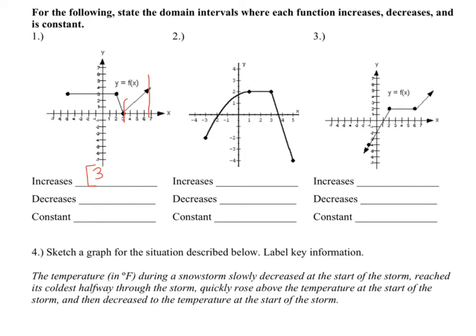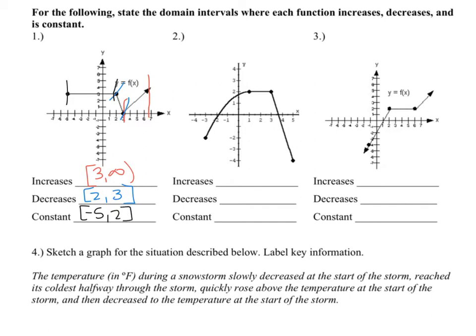That's what the arrow implies. It decreases between here and here, and so that's from the x values from 2 to 3. And then it remains constant during this flat piece from -5 to 2.